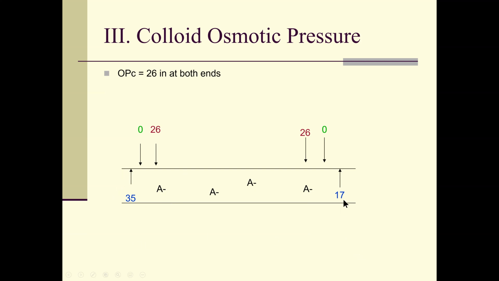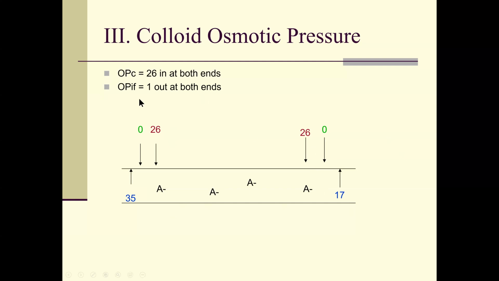At the venous end, we've got a pressure pushing out of 17, and the colloidal osmotic pressure of 26 trying to draw it back in. So for the proteins inside the vessel, the colloidal osmotic pressure is 26 in at both ends.